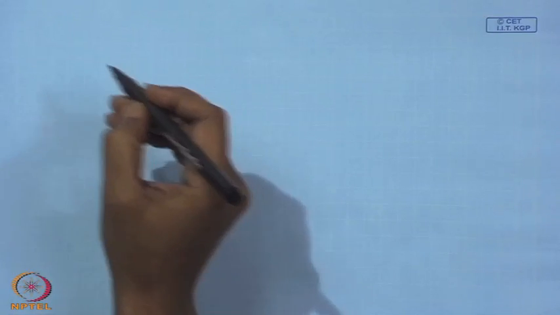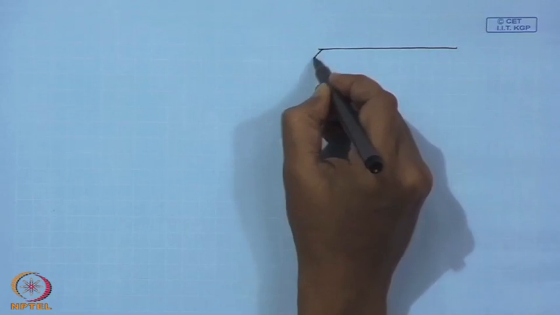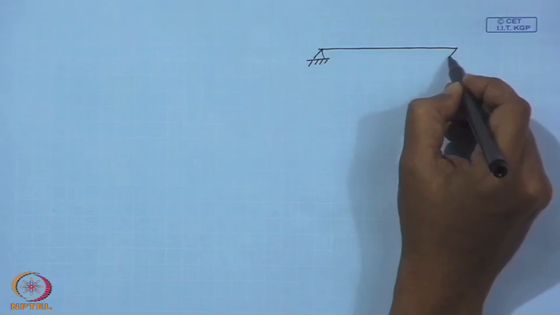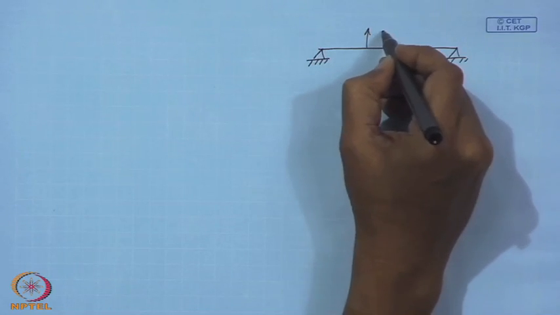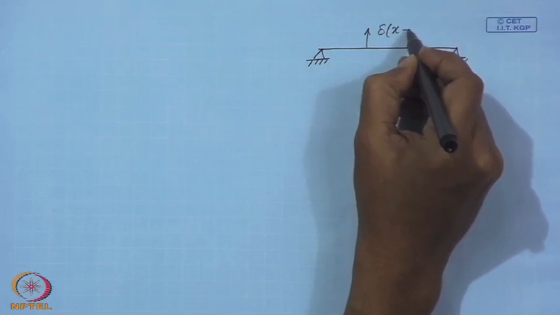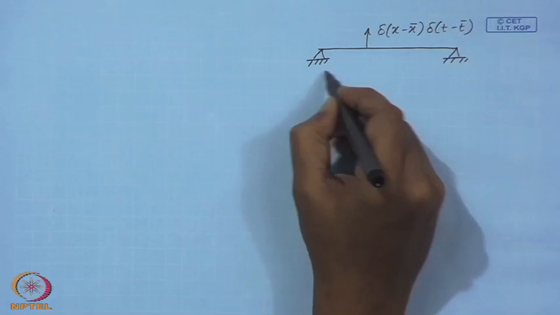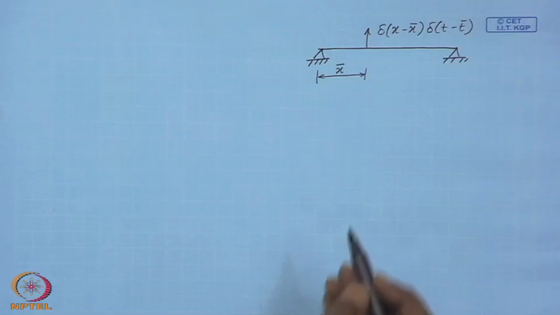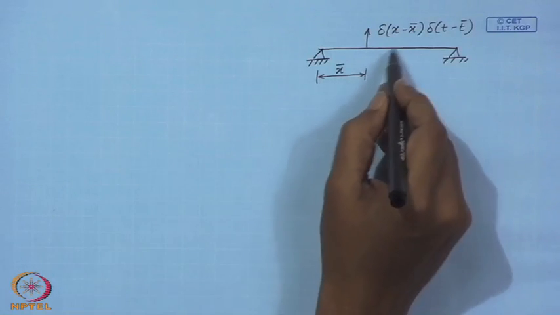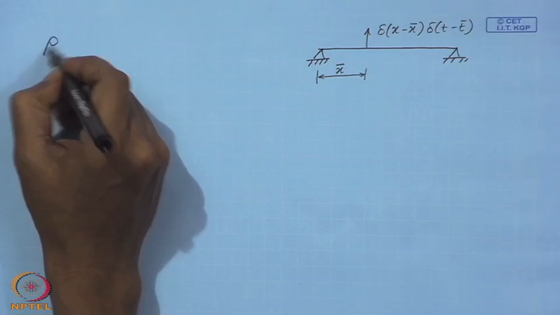Now, let us calculate the Green's function for a string. So, we are giving an impulsive loading at time t equal to t bar at a location x equal to x bar.